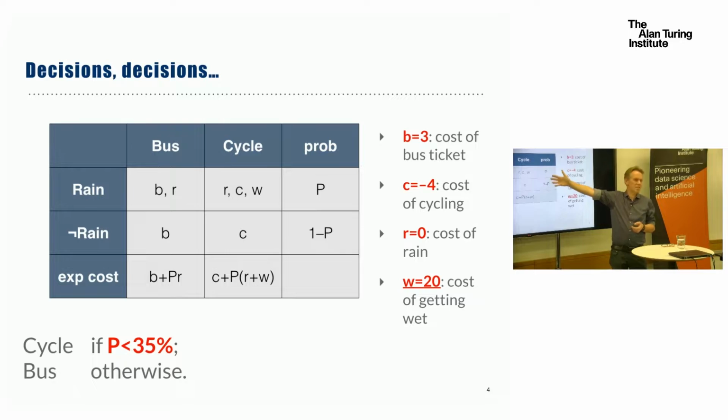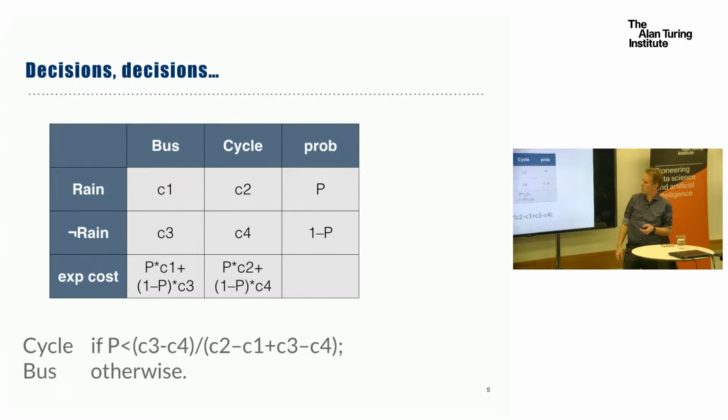They try to estimate as accurately as possible these probabilities so that I can take optimal decisions that minimize expected cost. Okay, so here is a verification that you still get the same expected cost in this setting if the probability is 35%. Okay, so the general formula, if you have these 4 cost parameters, is this.